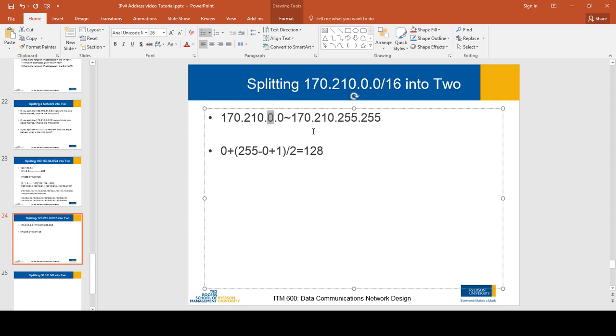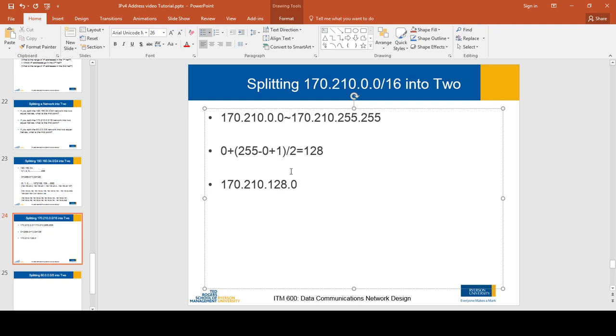How about the fourth octet value? The fourth octet value will always be 0 if you have this split on the third octet, or if you have a split on the second octet, then the third and fourth octet will be 0. So the start of the second half of this IP range would be 170.210.128.0.